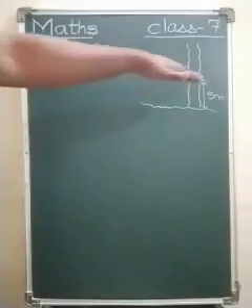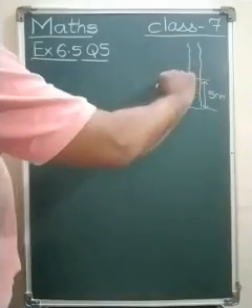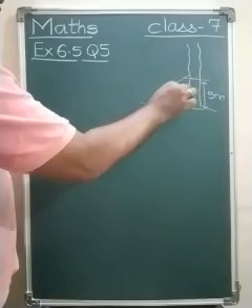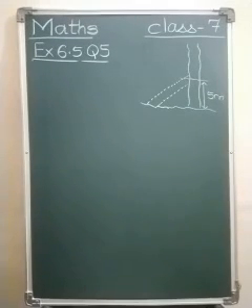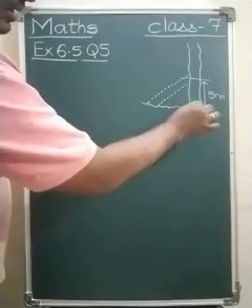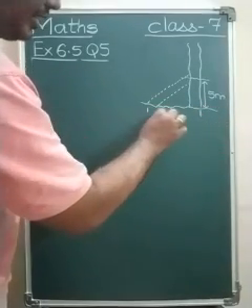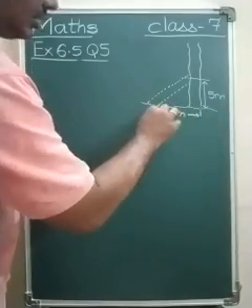Okay, it is not fully broken, and what happens is that this broken part falls down like this and it touches the ground, and it touches the ground at a distance of 12 meters from the base of the tree. This is the base of the tree, and so the distance between these 2 points is 12 meters.